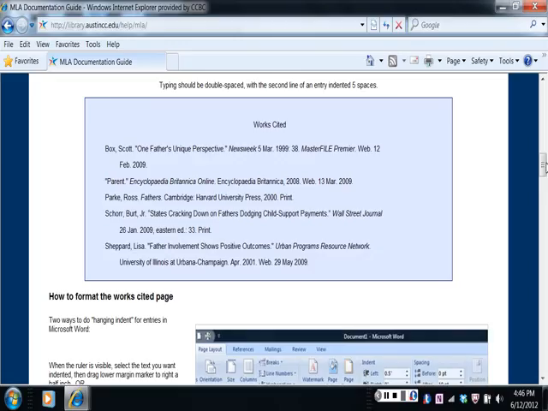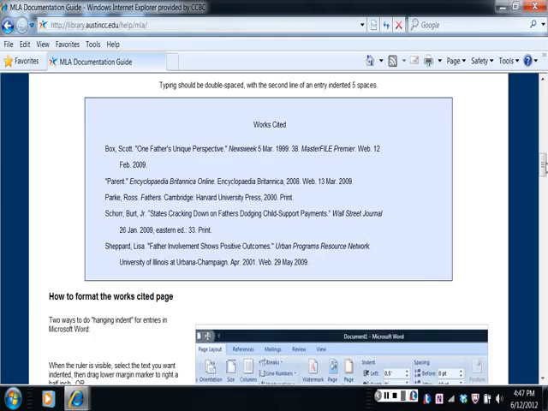So whenever you mention the title of the article, you put it in quotation marks. So let's say you have an article that doesn't have an author, and you cite it by the title in parentheses in your paper, you put that title in quotation marks in the parentheses. Or here on the works cited page, where you do have an author, where you have the title, you put it in quotation marks.